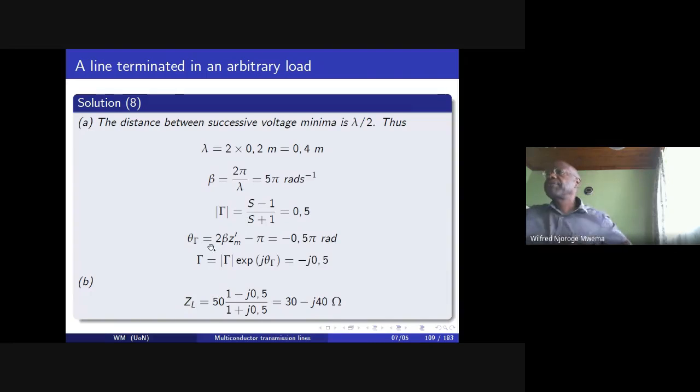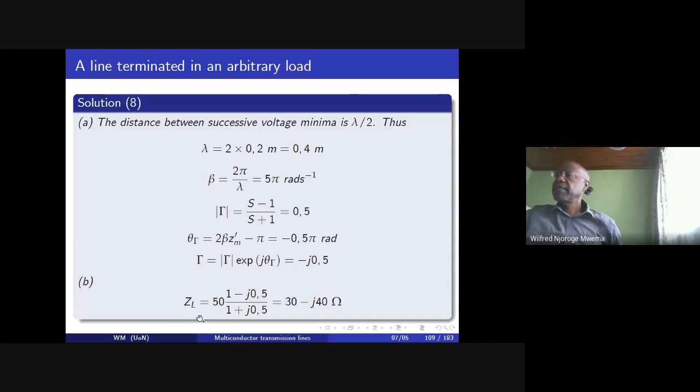And theta gamma, the angle of the reflection coefficient, is going to be given by twice beta multiplied by Zm prime, where Zm prime is being measured positively towards the generator, so to speak. And we get a value of 0.5 pi radians. And therefore, gamma is just going to be given by minus j 0.5. That is, it has an angle of 90 degrees.